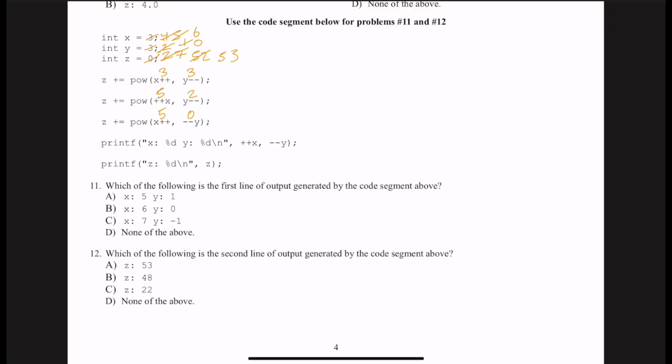Now we come down here, we have printing, we have plus plus x, so make the change first, use the new value. Minus minus y is a prefix, so make the change first, use the new value. So we're going to print out 7 and negative 1, and then z is going to be 53. So again, just be careful, this question is tricky because we also have those changes made in the printf statement itself.